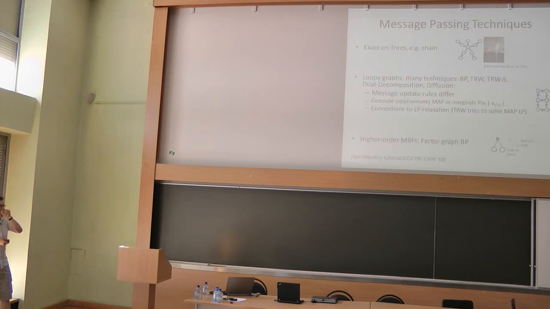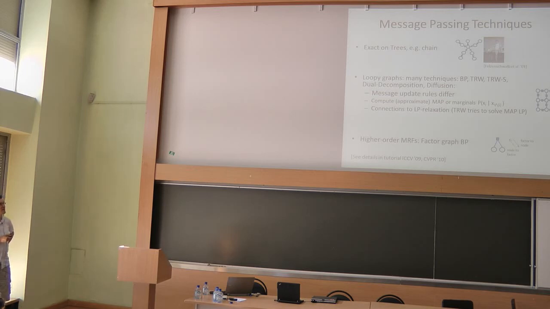So to summarize, message passing is exact on trees or chains. You might have some model here, like a person model or for faces. What you can think about is that this is similar to what is used in Kinect, right?